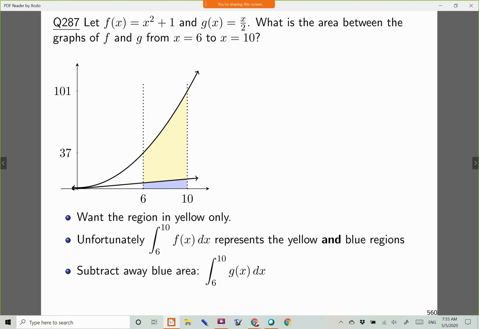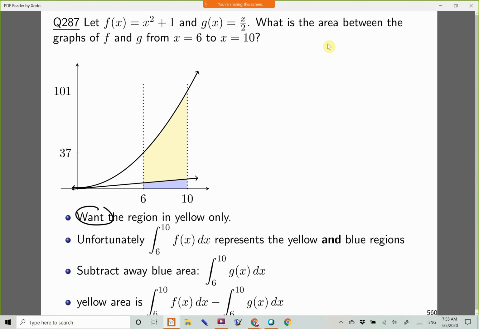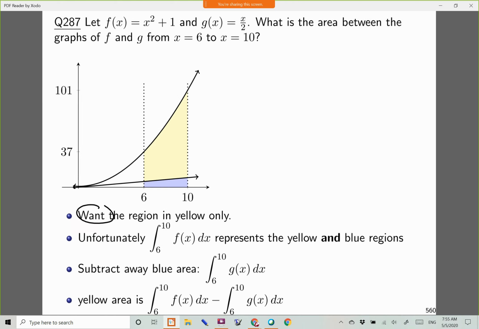Since this is g, the blue region is found by doing the integral from 6 to 10 of g. So the yellow region would be the integral from 6 to 10 of f of x dx minus the integral from 6 to 10 of g of x dx.